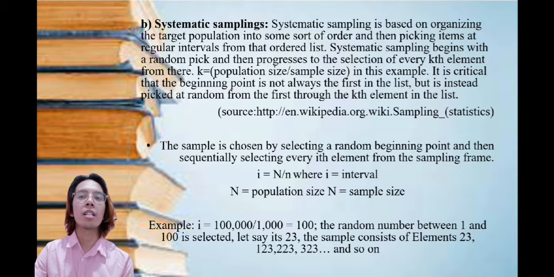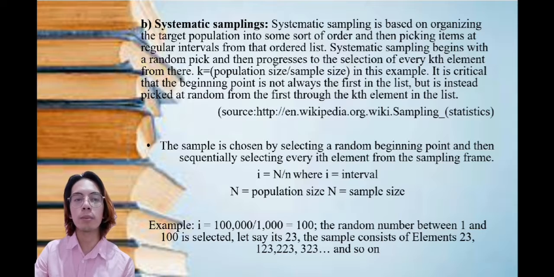In this sample, it is critical that the beginning point is not always the first person, but instead picked at random from the first through the kth element in the list. A simple example would be known as sampling with a skip of 10.